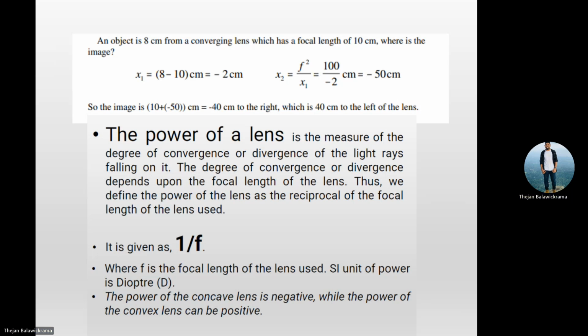So we have x2 done, x2 is minus 50 centimeters. Q, f is 10. So minus 50 plus 10, so Q is equal to minus 40. That means the image is on the left side of the lens.